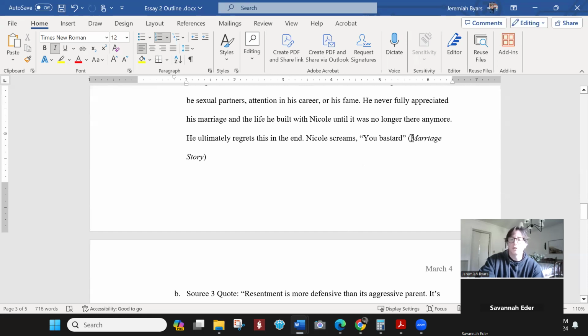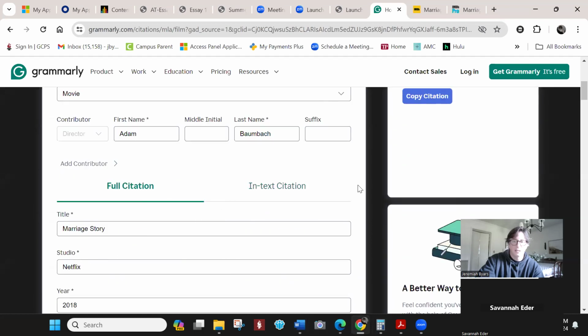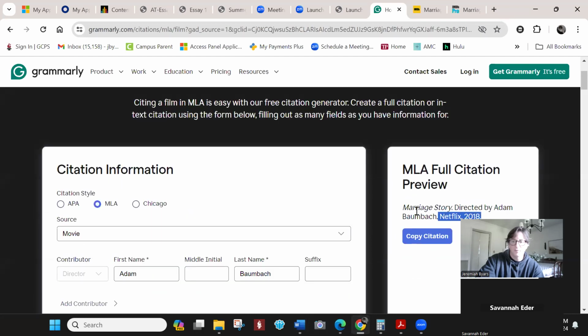So you put the title of the film in citations like that. When you are citing the film, you do the title, directed by, comma, the production company, comma, and the year it was published, and put a period. I will copy and paste this and put it in an announcement.